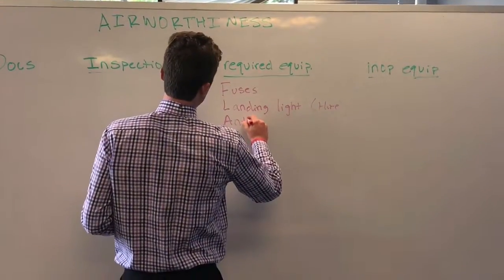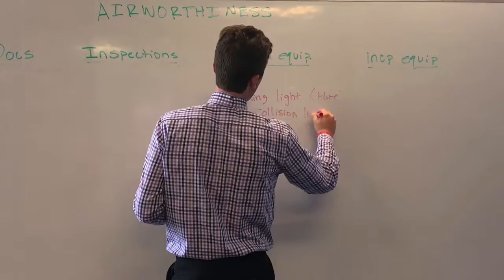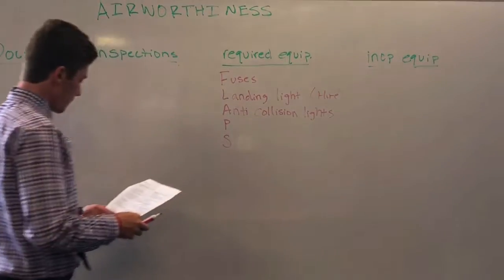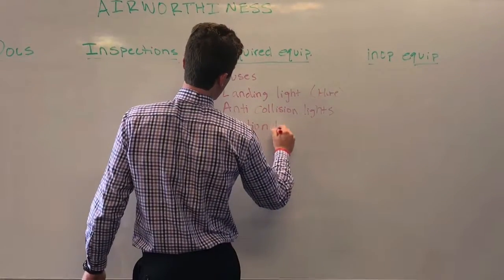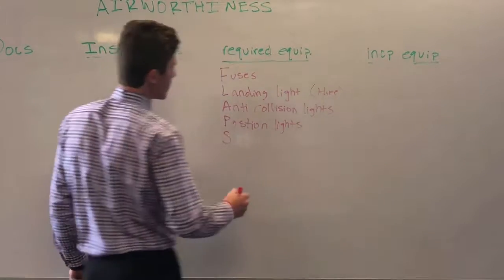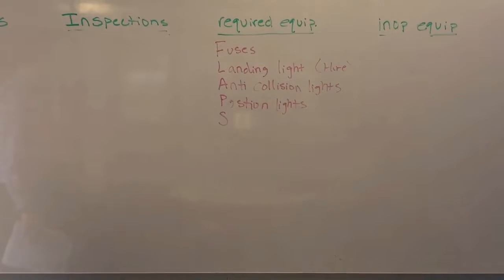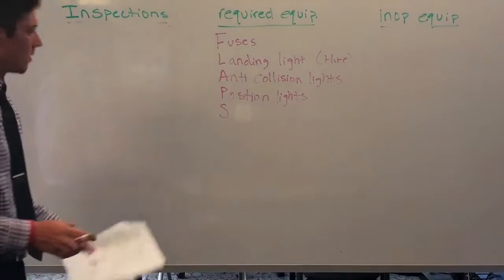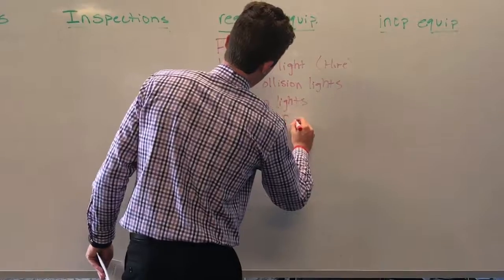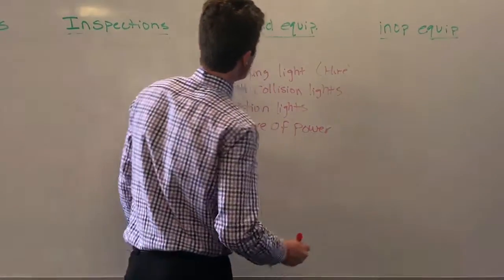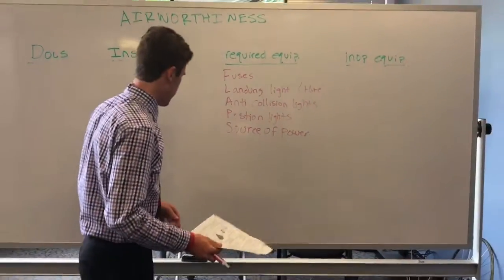Then anti-collision lights, or nav lights. We need position lights. Actually, I get those mixed up: position lights, anti-collision lights. And then we need a source of power in the aircraft. So we need this on top of ATOMATOFLAMES to fly at night in VFR conditions.